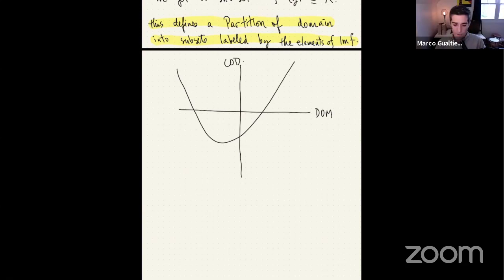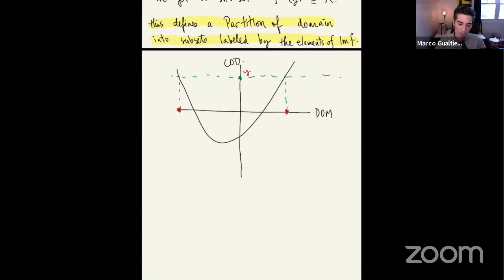So if you fix a point in the codomain, and you look at the pre-image, what you're looking for is all points in the domain that map to this point. So you would see that there are 2 points which are mapped to this point.